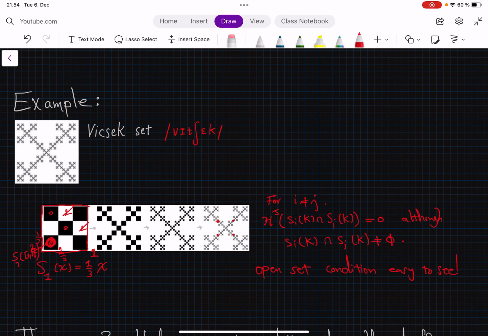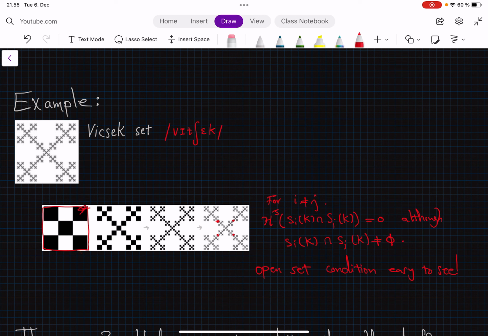And then the others here, here, and here, these squares will be S2, S3, S4, and S5, which are 1/3 of x plus the right amount of shift, which will be 0 going to the bottom left corner. Okay, so those are the similitudes with the ratio 1/3. And then if you repeat that process, now you look at this whole picture and then you apply S1 up to S5 to this one.